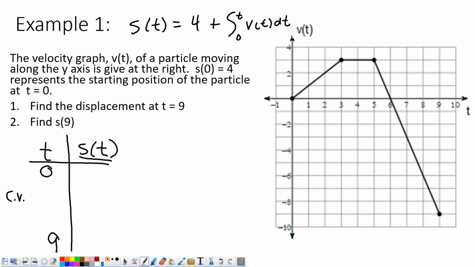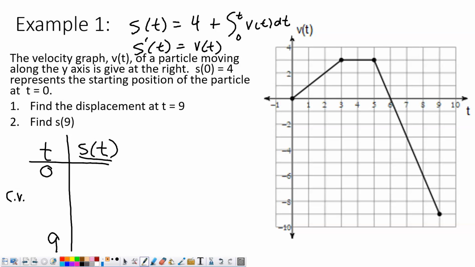My final position is my starting position plus the displacement from 0 to whatever I want to stop at, right? So if I want to find S prime, the 4 goes away, and what's the derivative of an integral? So my derivative S prime is what we know it to be already, the velocity, right?